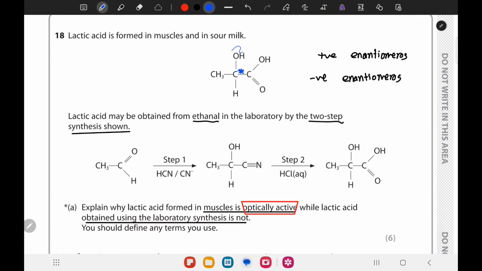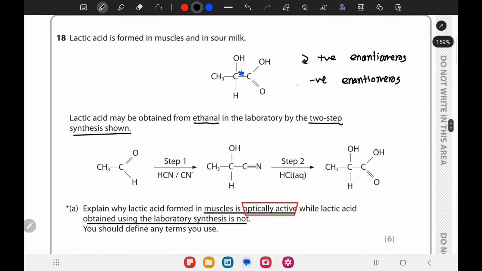So in this molecule, if I moved one of them, so if I had an OH over here, for instance, and the CH3 over here, if I consider this to be the positive enantiomer, this over here will be the negative enantiomer. The positive and negative just means if it rotates the light clockwise or anti-clockwise. So depending on that we call it negative or positive enantiomers.